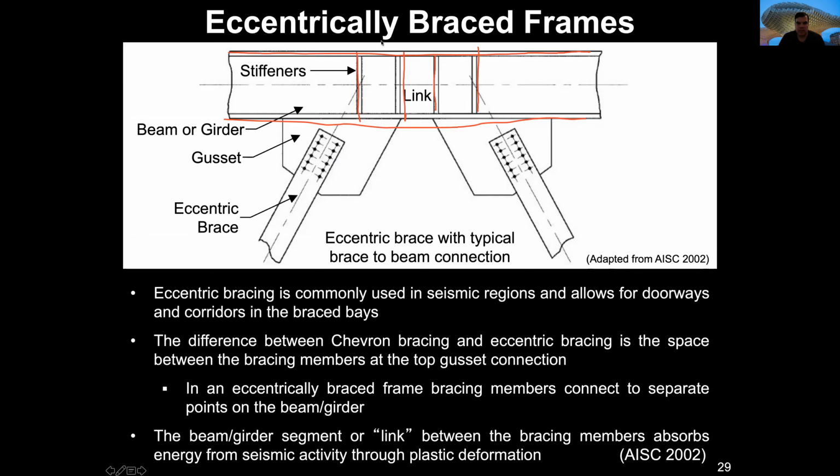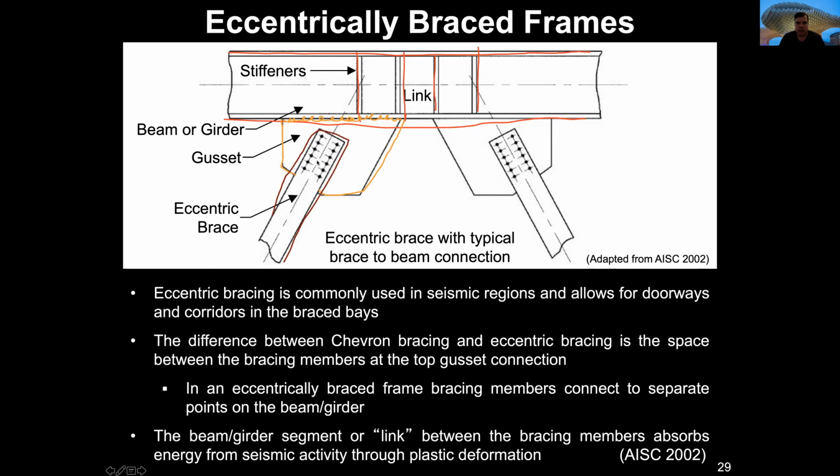There is a gusset plate that is this element in yellow color. And that gusset plate will be welded to the beam. And now we have a surface that is flat and in the same direction of the brace, and the brace is connected. And that will be the brace.